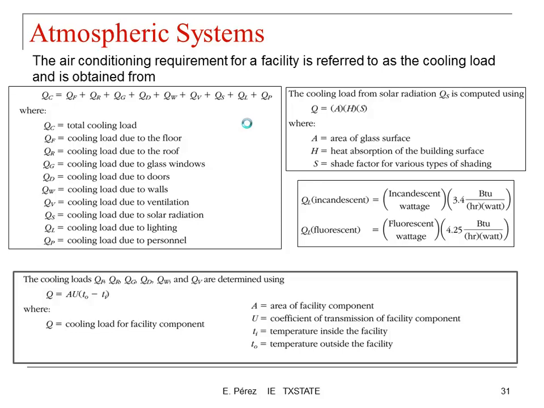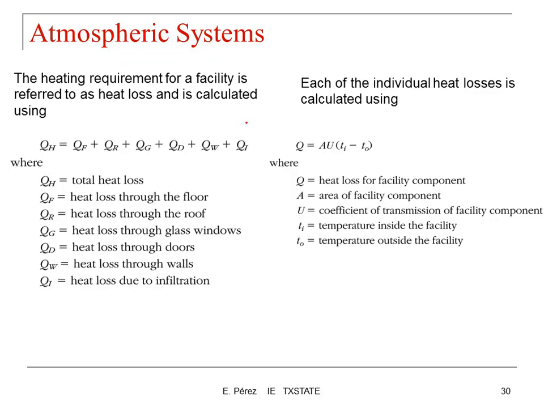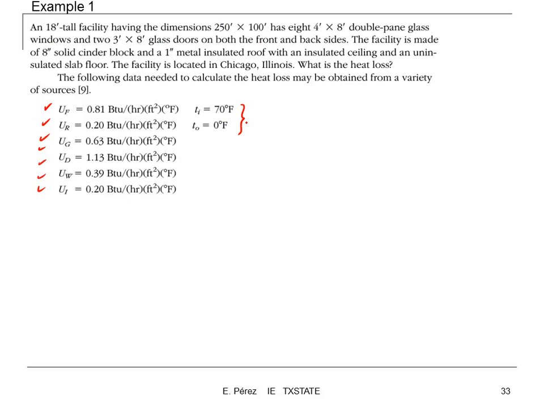So again, the most important part, or the most difficult part here in order to get each one of these factors, is to determine what is the area that corresponds to that specific factor. So we can look at the first one. So let's compute QF.